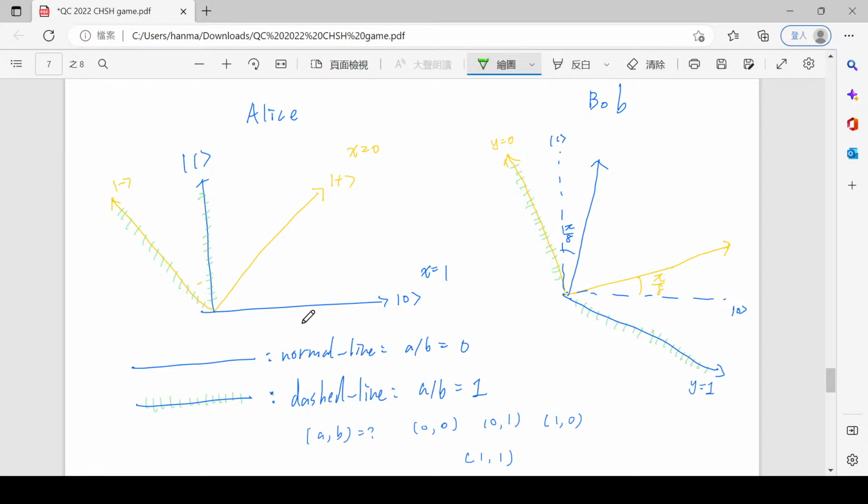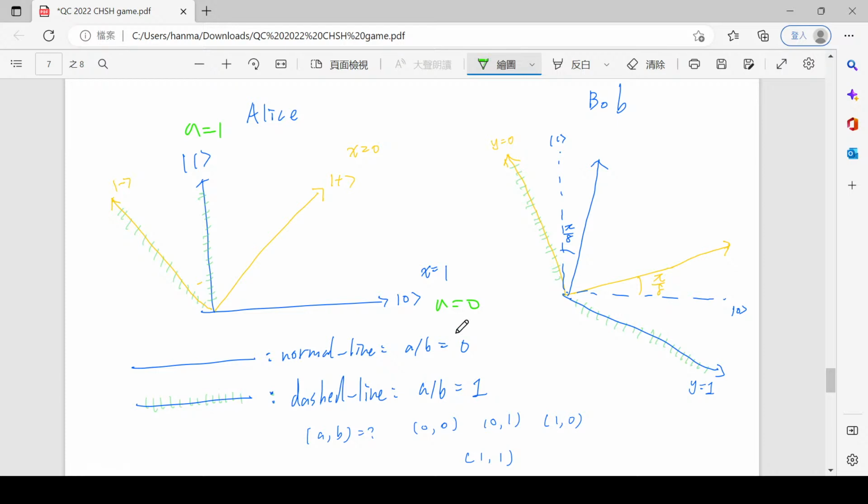And so this no-dash thing means that if you see measurement result 0, you should output A equal to 0. And if you see this dashed line, then this means A equal to 1. Okay, so understand this. No more dash notation.